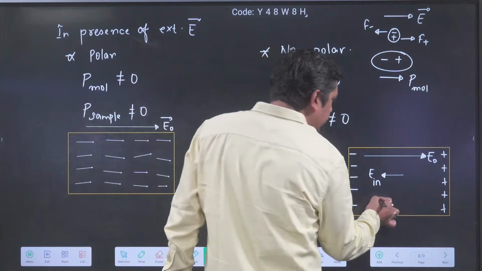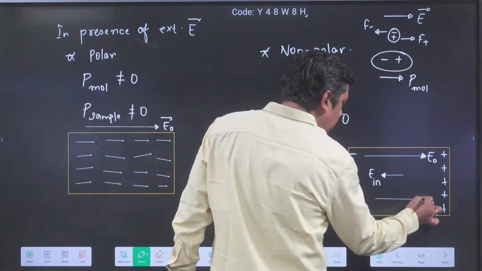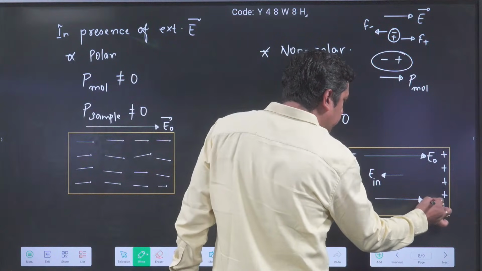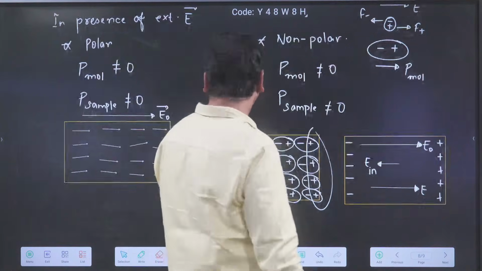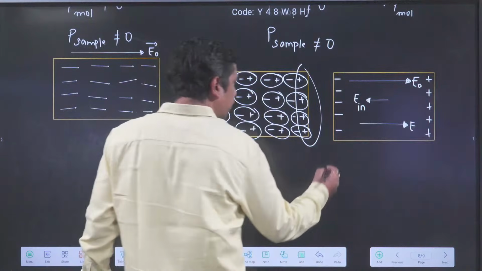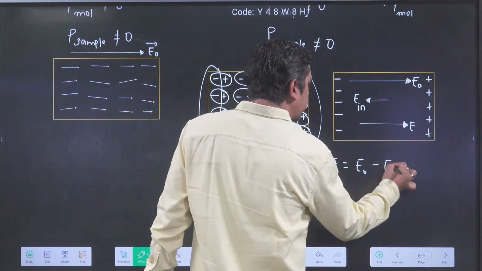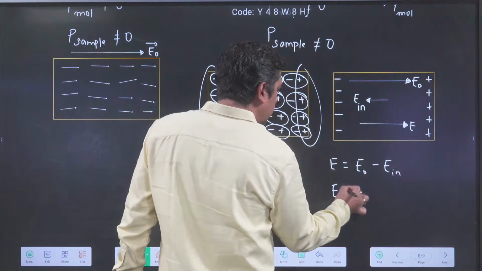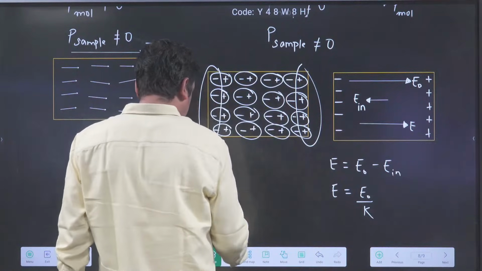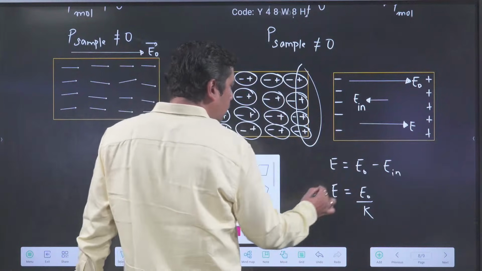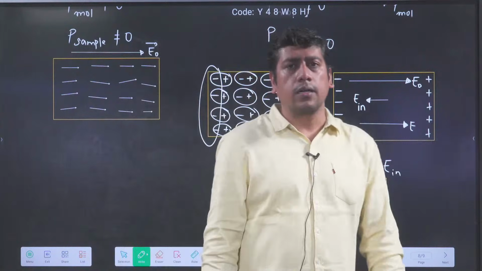The net field inside the dielectric is reduced. And what field will you write? You will write the field to be E naught minus E induced, but when you find it, it will be something times E naught, correct? Whatever value, that can be written as something of E naught, right?